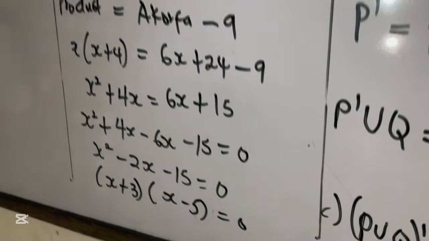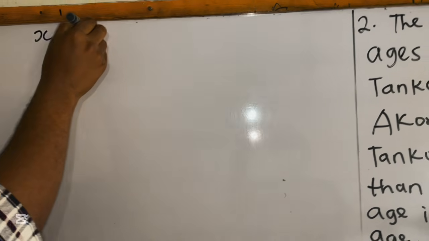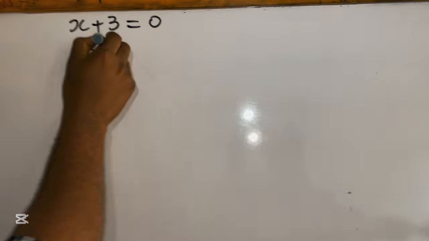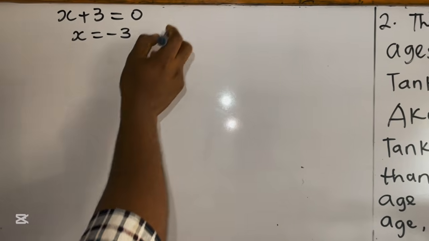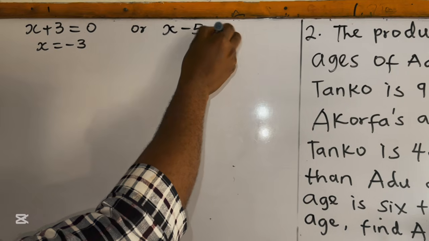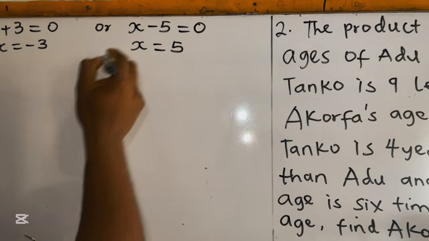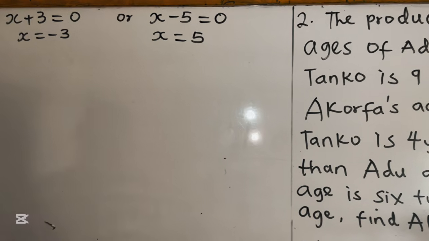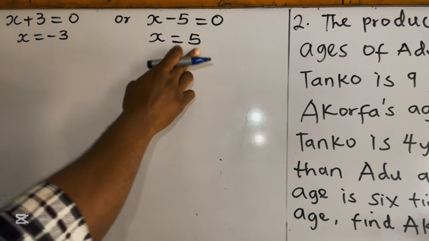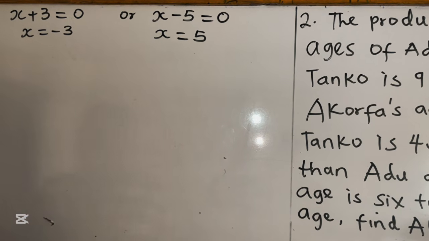So in this case, I will have x plus 3 equals 0, so x is equal to minus 3, or I have x minus 5 equals 0, so x is equal to 5. So in this case now, I will not use minus 3. I rather use 5 because you don't want it being a negative number.